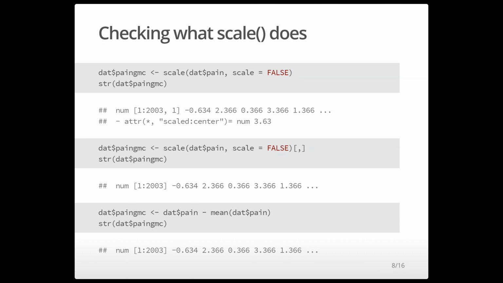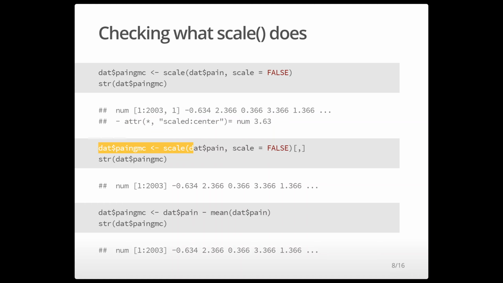So here we can see at the top, I am grand mean centering pain, and then I'm looking at the structure, and we see that at first it shows that pain is numeric, that there are 2003 observations, but it's showing that there is an extra dimension here to the variable, and that's this attribute down here.